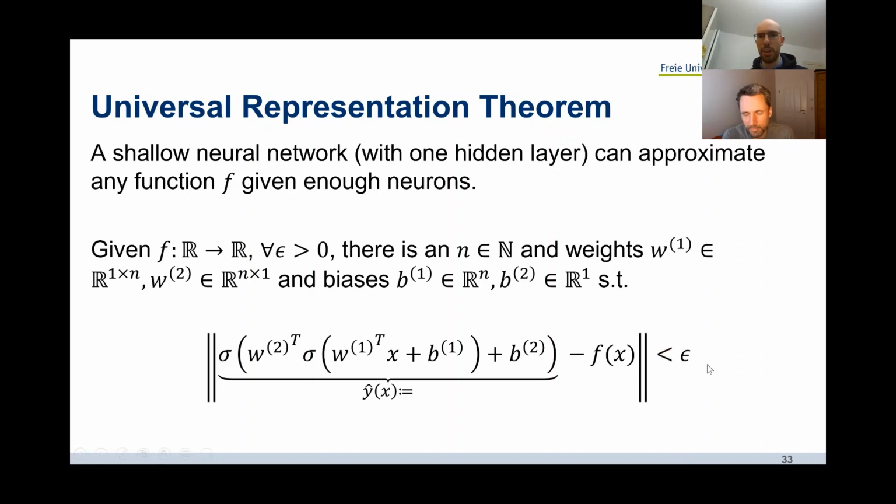So in other words, the deviation of our predictor function from the desired function becomes smaller than any epsilon which we set if we choose a sufficiently high number of neurons.